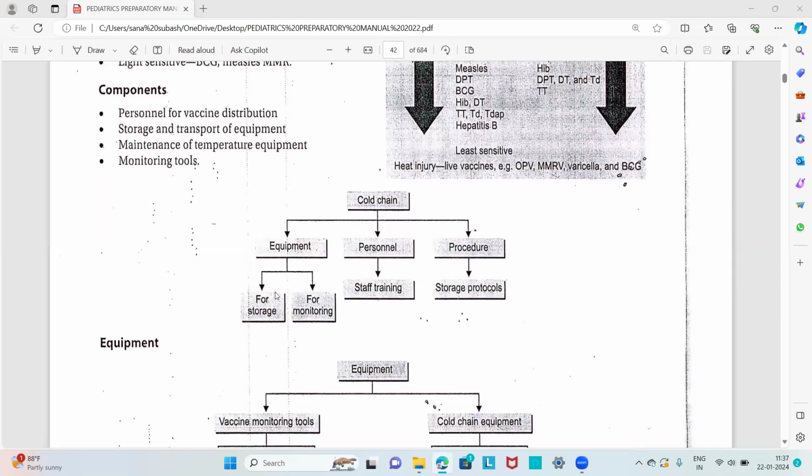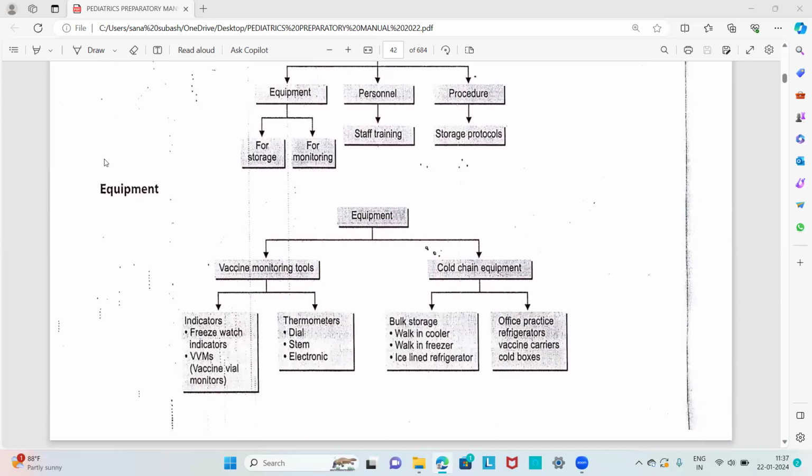In the equipment, we have equipment for storage and equipment for monitoring. Under personnel, we have trained staff. Under procedure, we have storage protocols. About the equipment, we have vaccine monitoring tools and cold chain equipment.